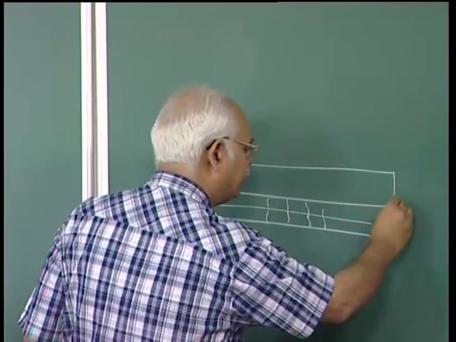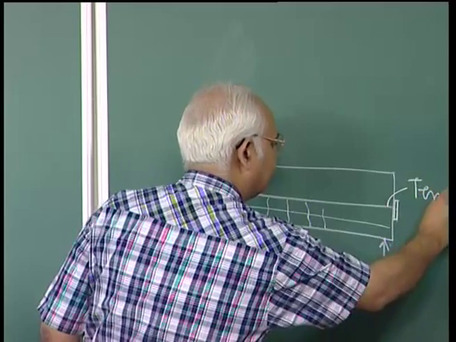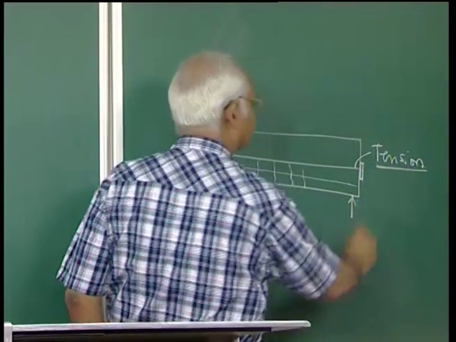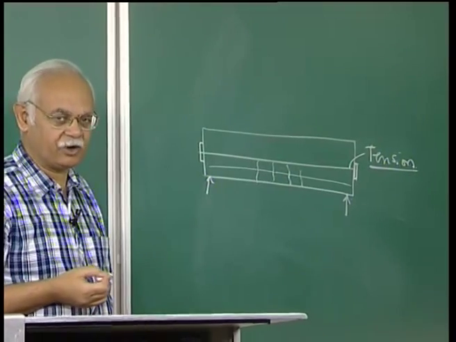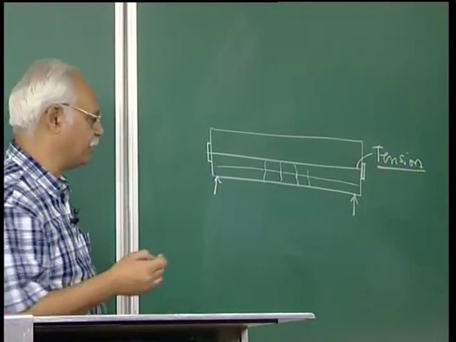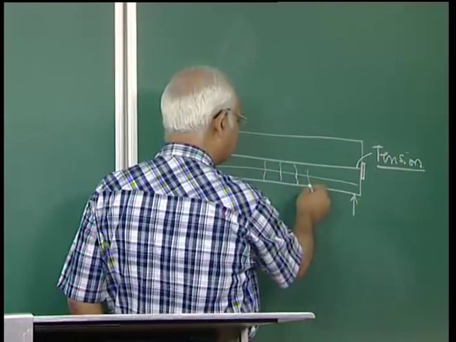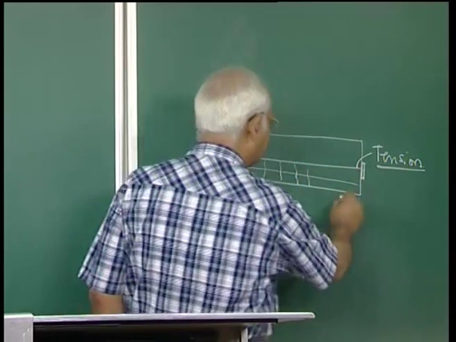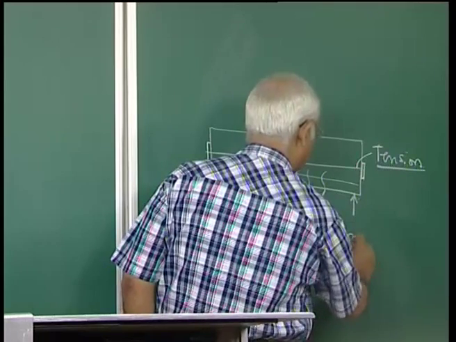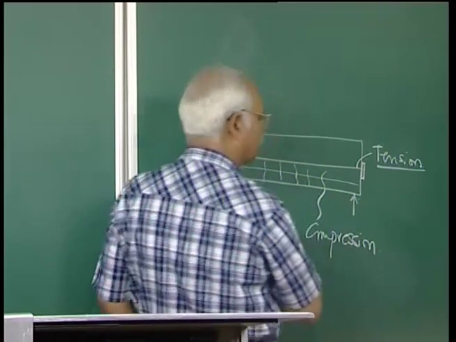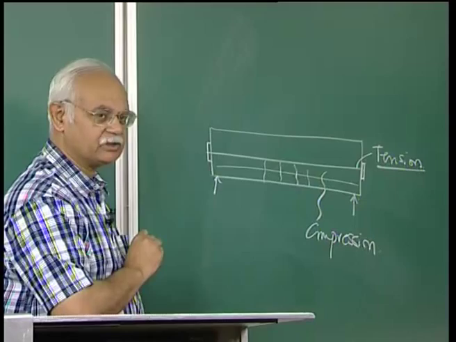If we introduce tension in the FRP rod which is being used external to the beam, then we ensure compression on the concrete.